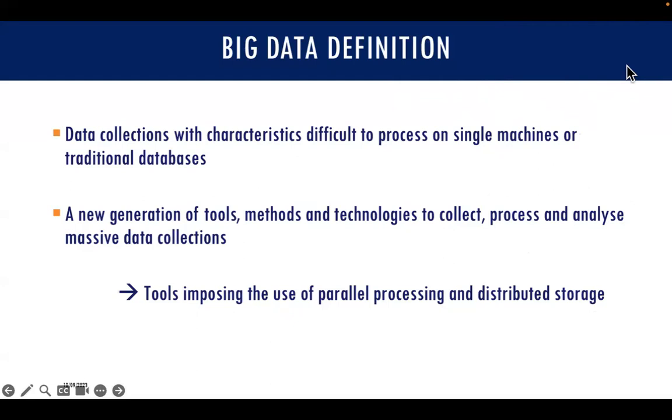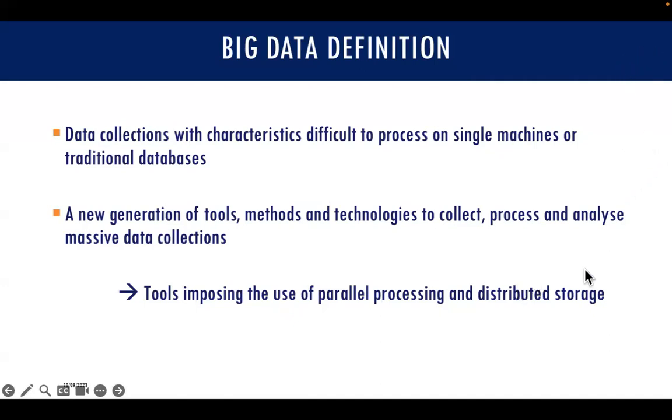Okay, so despite the different properties and the different degrees in which a data collection can be characterized with respect to the 5V properties that I have described previously, the idea is that these are collections for which you need much more than one machine, that traditional databases are kind of limited, and that you go into new techniques that can address the problems implied by those properties.